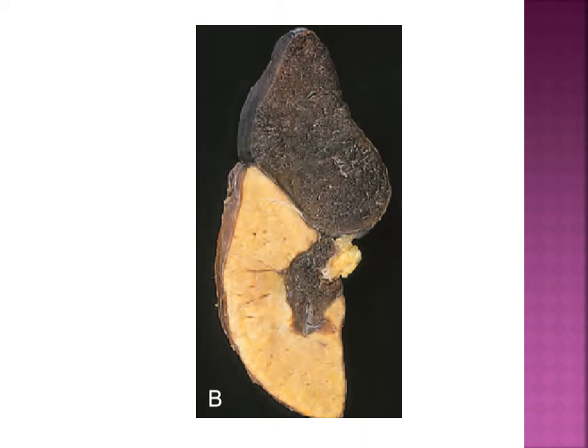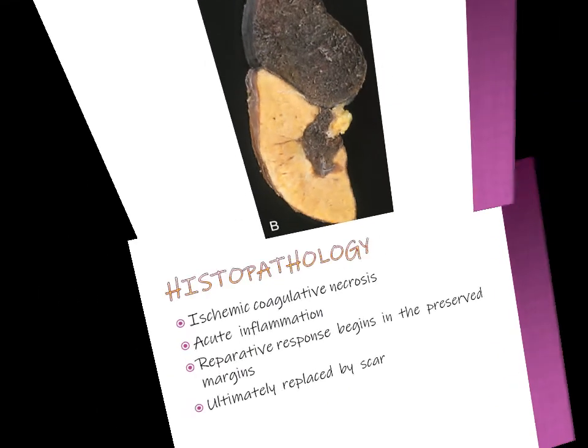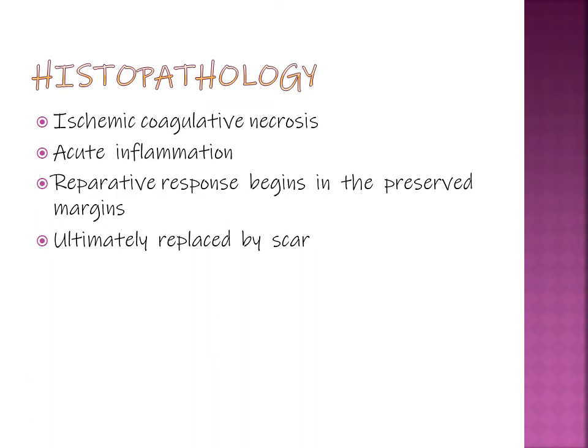This picture shows a huge white infarct. You can clearly see that this white infarct is well demarcated from the surrounding area. In this slide, we'll discuss a few important morphological features, both gross and microscopic, of the infarct.